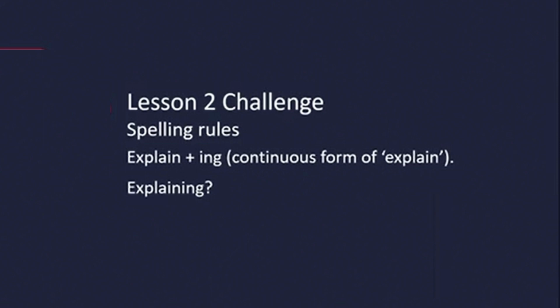I hope so, because that is correct. The last syllable of explain contains a long vowel, so there is no need to double the consonant before adding the suffix. Explain becomes explaining with just one N.